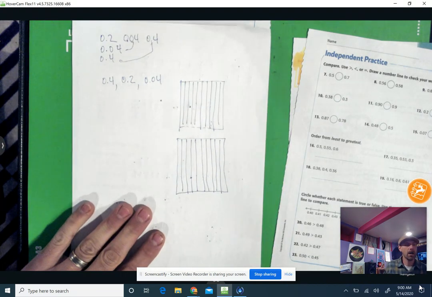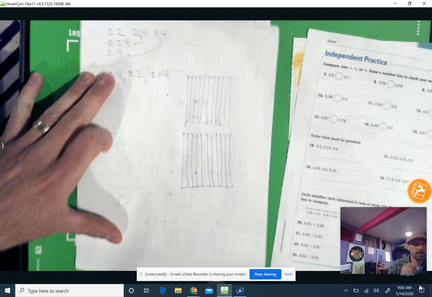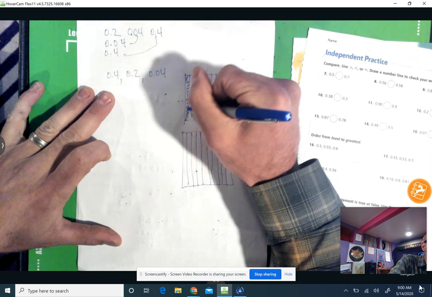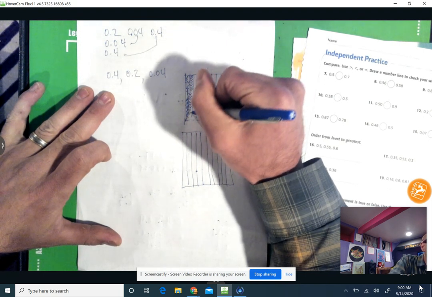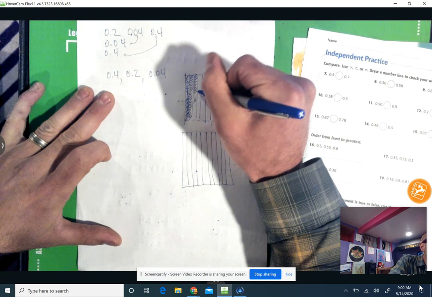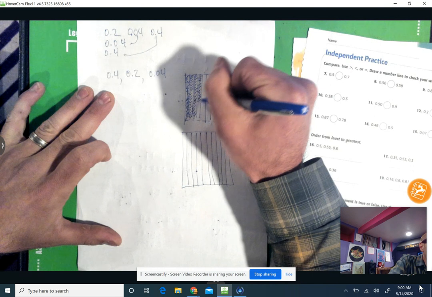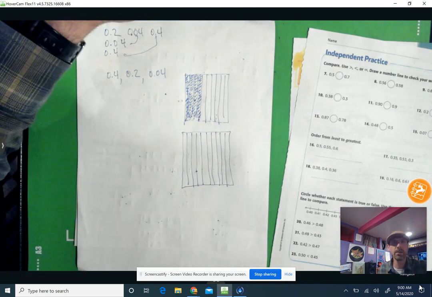Okay. Here, I'm going to color in 4/10. So 1/10, 2/10, 3/10, and 4/10. That's 4/10.